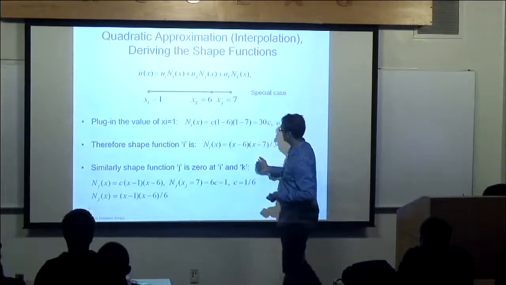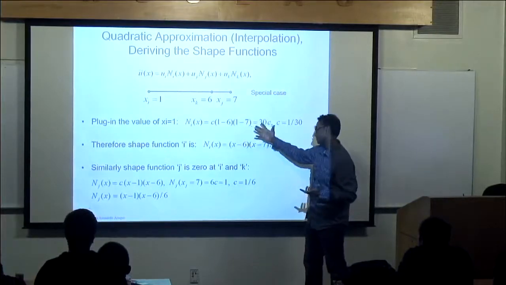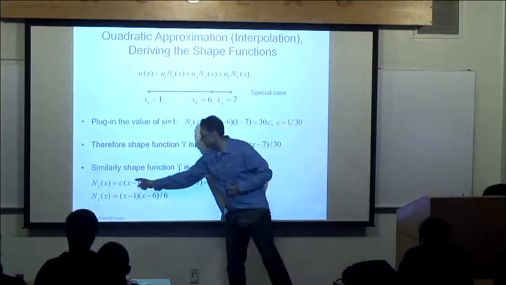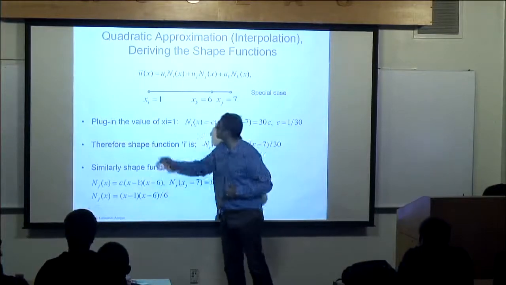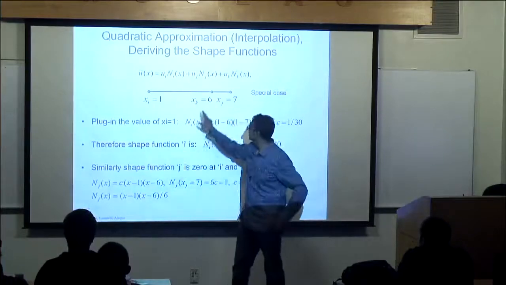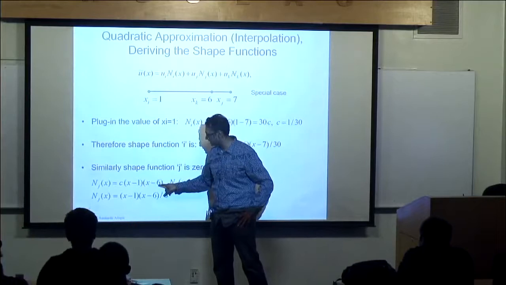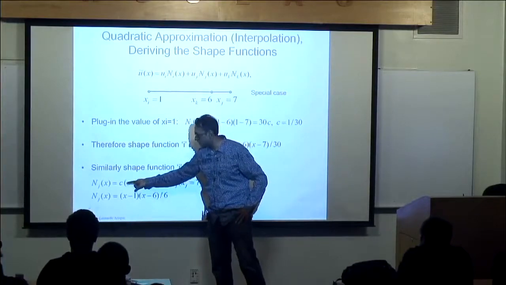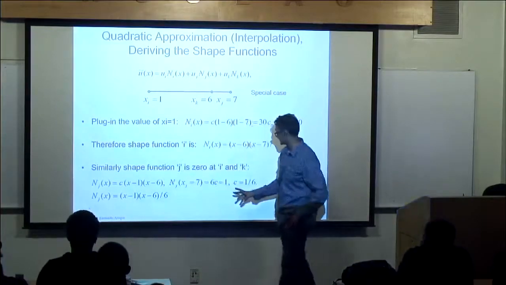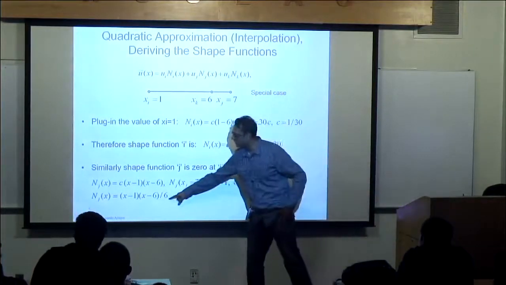So it's x minus 1, x minus 6 times c. This must be 1 at this location, so 7 minus 1 is 6, 7 minus 6 is 1. So I have a 6. So c must be 1 over 6 for this to work out. Okay, so that's shape function Nj.